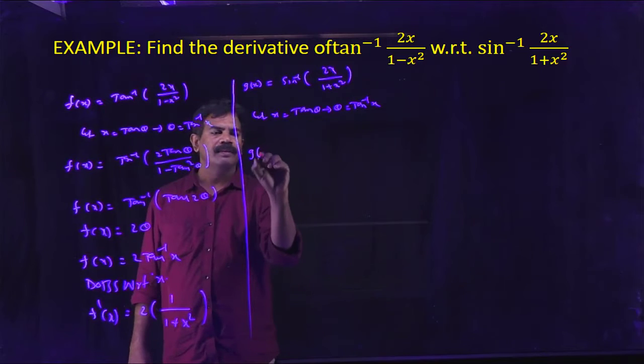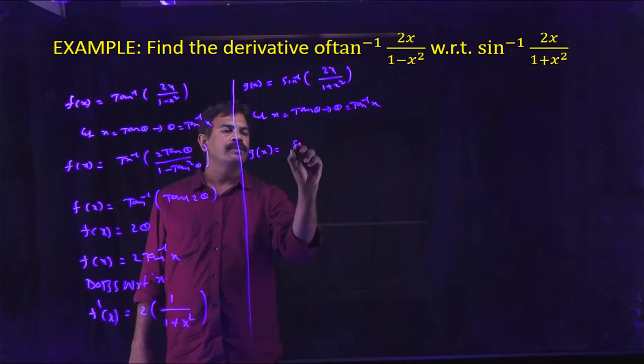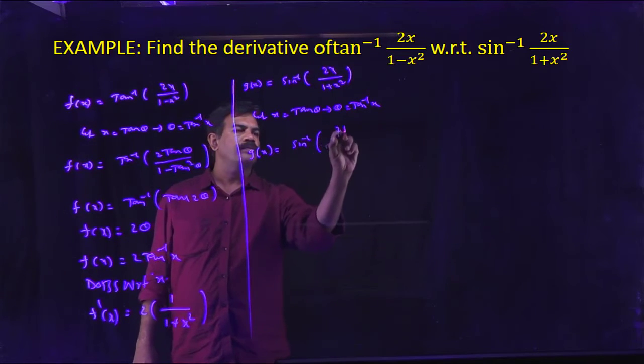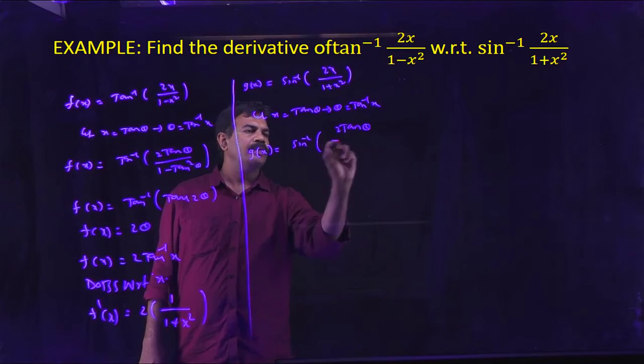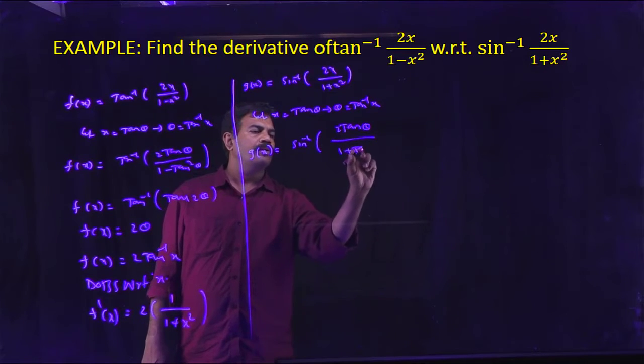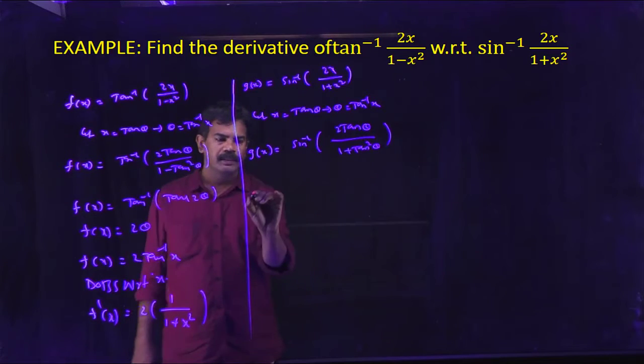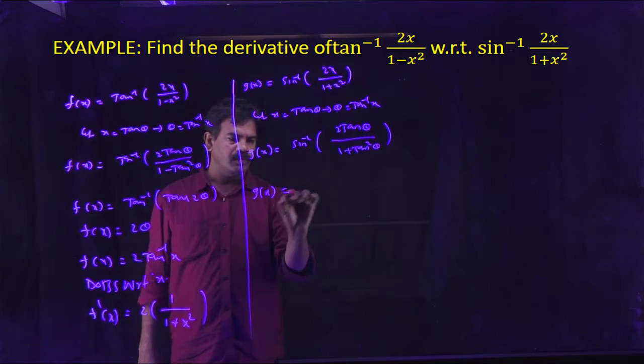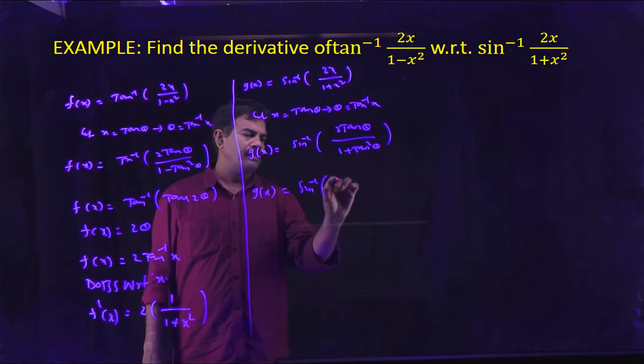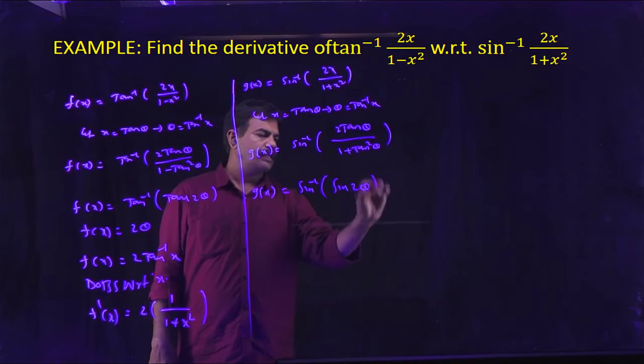So g of x is equal to sin inverse of 2 tan theta by 1 plus tan square theta. That is, g of x is equal to sin inverse of sin 2 theta.